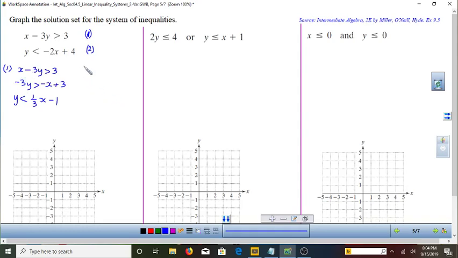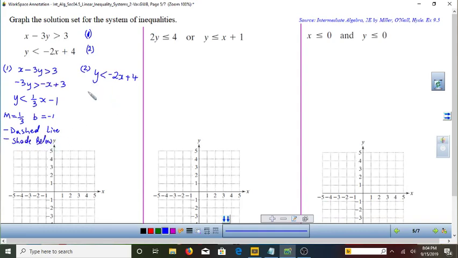For line number 2, the inequality is already in the format that we want, so we don't have to do any rearranging. So for this line here, we know the slope is 1/3 and the y-intercept is -1. We know it's going to be a dashed line because it's a strict inequality, and we know that we're going to shade below the line.